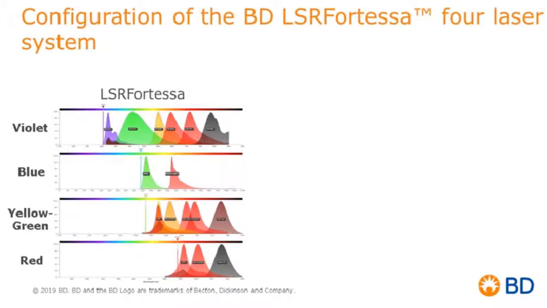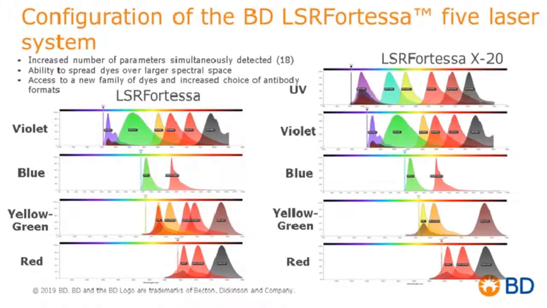So if we go back to the configuration that we used for our 12-color panel, we can see that we have used dyes excited by 4 lasers, and how we already have a very crowded spectral space where we fit all our dyes. Now, if we want to step up to our 18-color panel, we're going to take advantage of a Fortessa X20 now equipped with an additional laser, which is the UV laser.